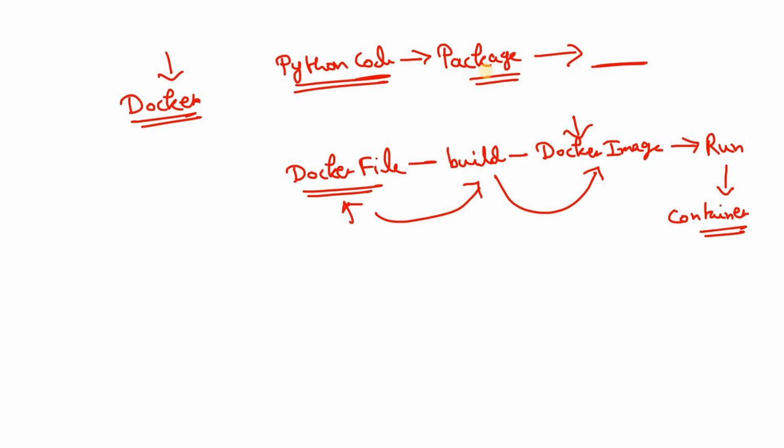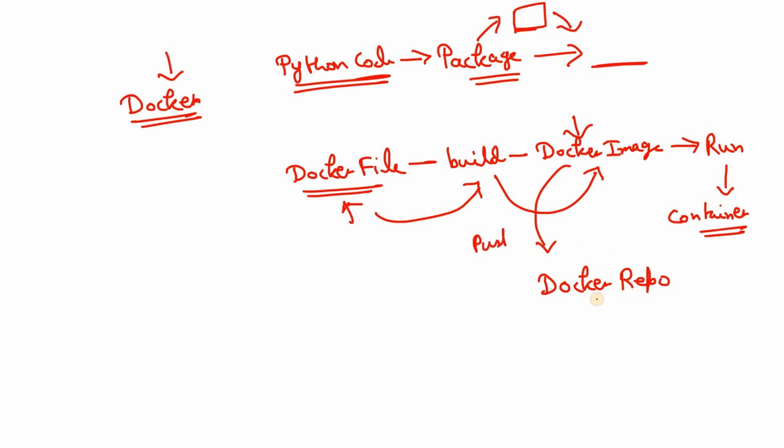And just like with a Python package, we generally have some sort of repository where we push our package so that other people can pull it and start using it. Similarly, in the case of Docker, we have something called a Docker repo, just like a GitHub repo. Once our Docker image is created, we can push it to the Docker repo.